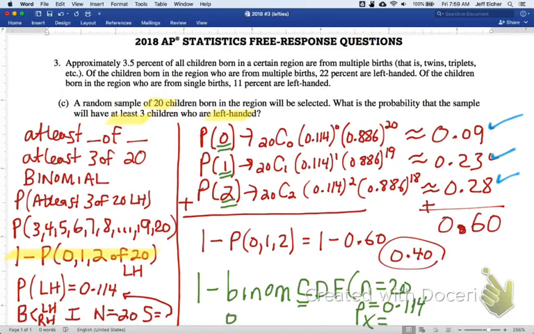So it's going to automatically start from 0 and stop at whatever x you tell it. So the x we want it to stop at is 2.